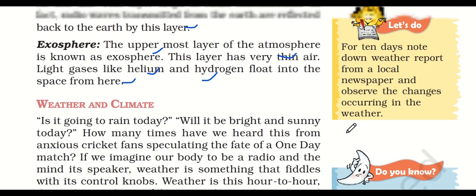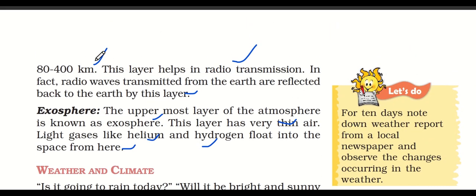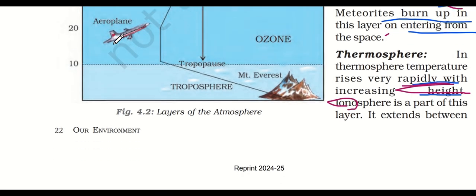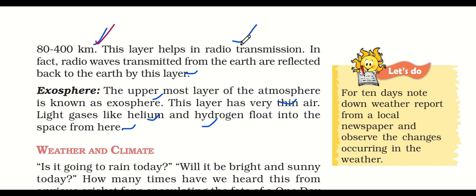It extends between 80 to 400 kilometers. This layer helps in radio transmission. Radio waves transmitted from Earth are reflected back to the Earth by this layer.